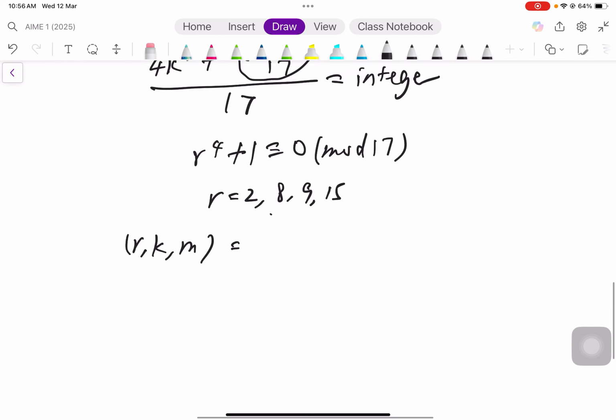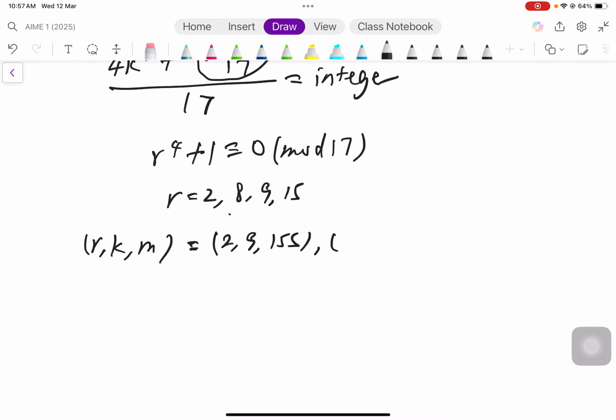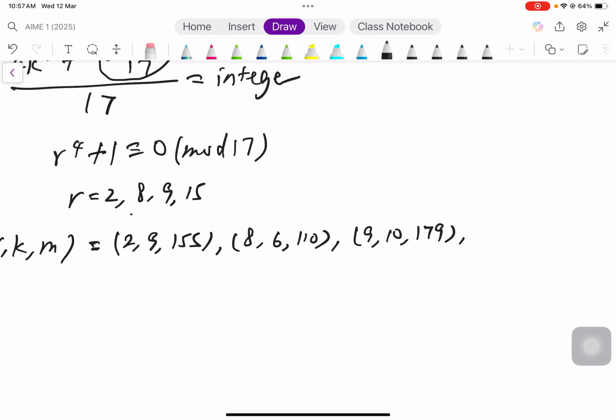When r equals 2, k is 9 and m is 155. When r is 8, k is 6 and m is 110. You can check. When r is 9, k is 10 and m is 179. And finally, when r is 15, k is 7 and m is 134.